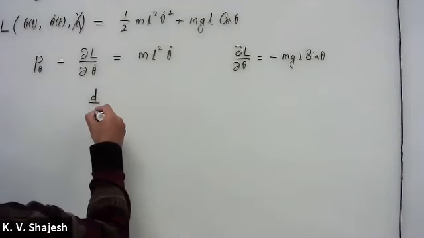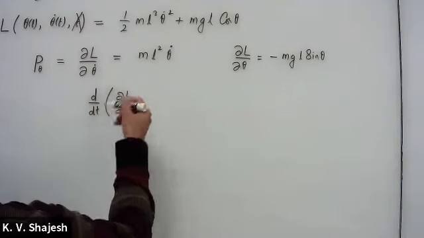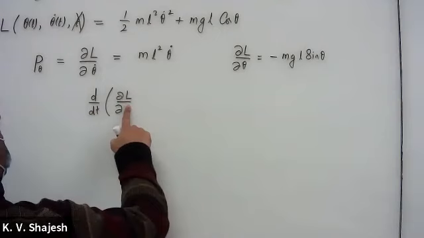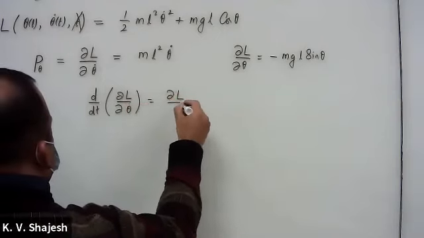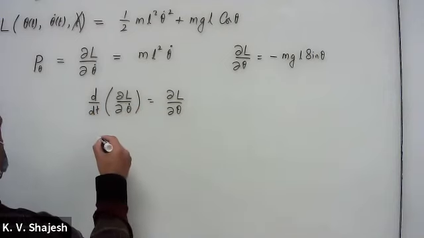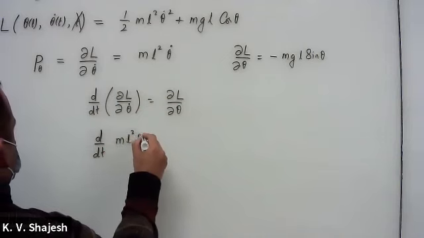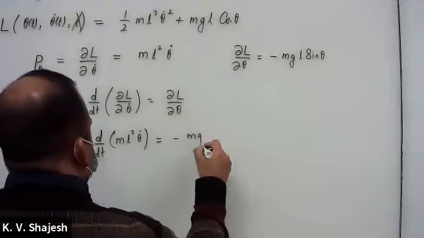The Euler-Lagrange equation tells us that the time derivative of the canonical momentum, p theta dot, is equal to dL by d theta. In this case, the variable is theta. That's the dynamical variable. So we have the time derivative of m l squared theta dot is equal to minus mg l sine theta.